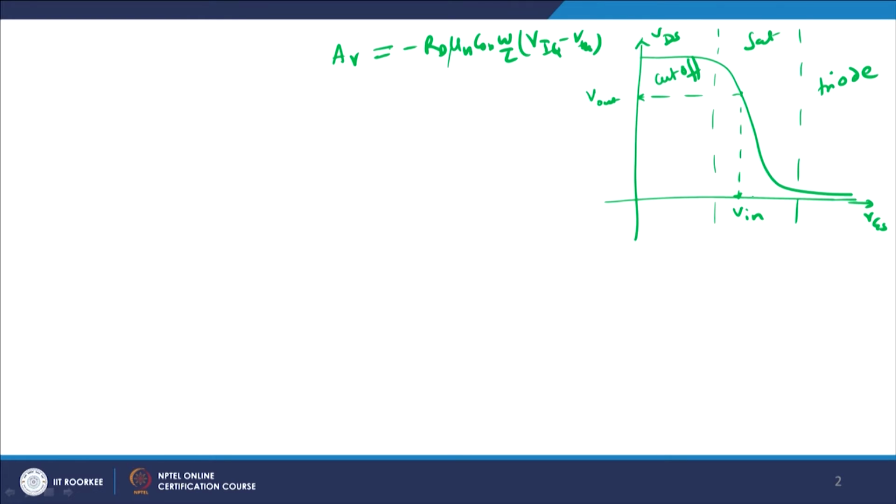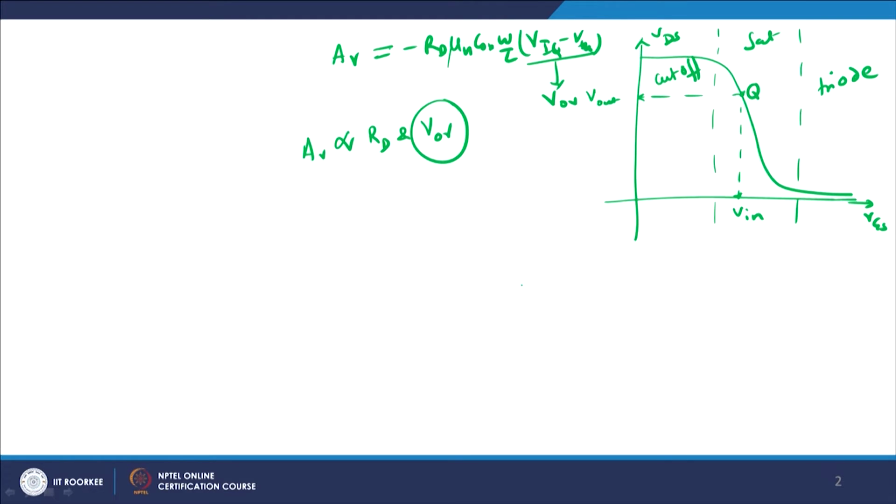VIQ is nothing but the input at this point Q, and this is therefore nothing but the overdrive, V overdrive.